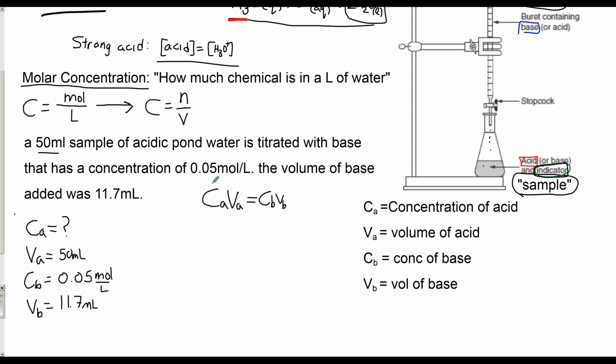Since these are multiplied, I'm going to divide by VA on both sides, and by doing that, VA is canceled out. Now I have CA all alone on one side, so I'll rewrite the formula: CA equals CBVB over VA. Done. All we have to do now is plug the numbers in and we'll get our moles per liter.